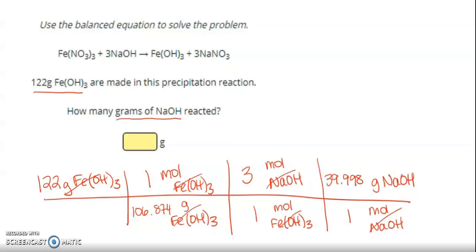So you just punch in your calculator, top times top times top times top, divide by bottom, divide by bottom, divide by bottom. So 122 times 1 times 3 times 39.998, divide by 106.874, divide by 1, enter.